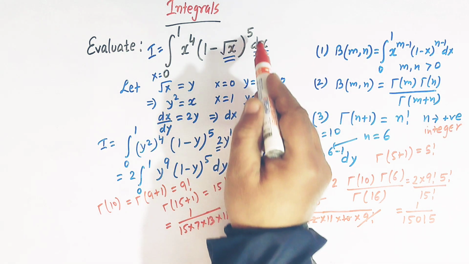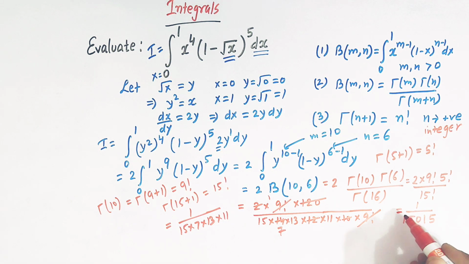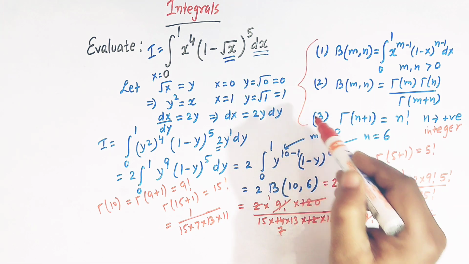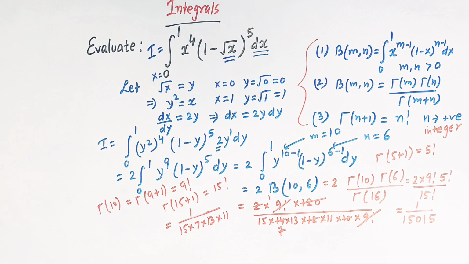So the value of this integral is equal to 1 divided by 15,015. So this is how, by making use of the concept of beta and gamma functions, we can arrive at the desired result.